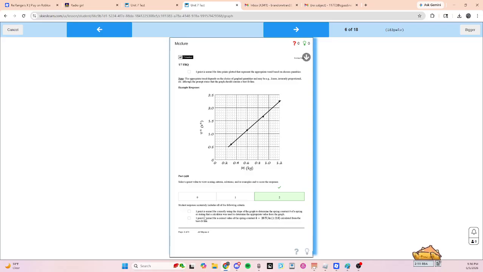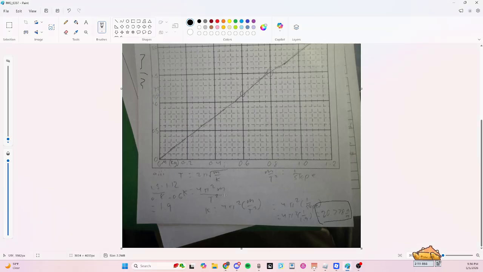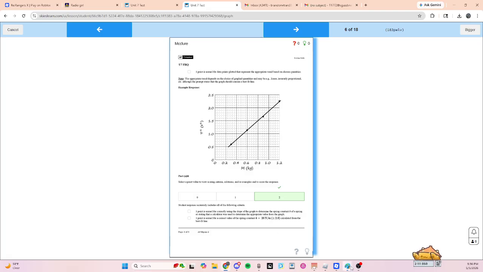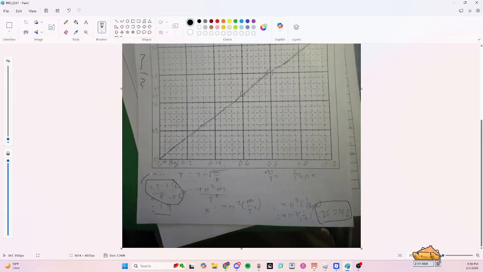I'm in that range. Using the slope of the graph, I have 1 over the slope, and I plugged it in over here, 1.9. That's the slope, and that's how I got the answer. So I got those 2 points as well.